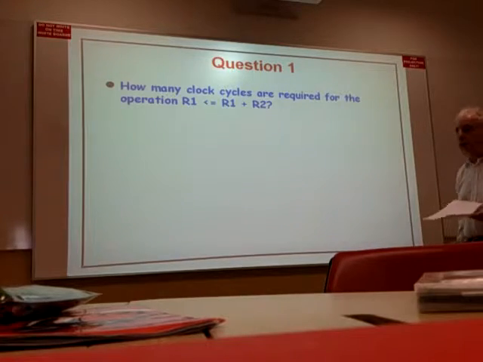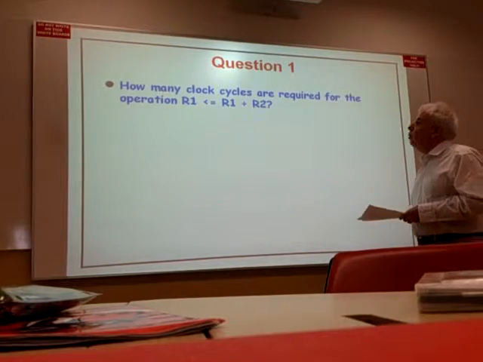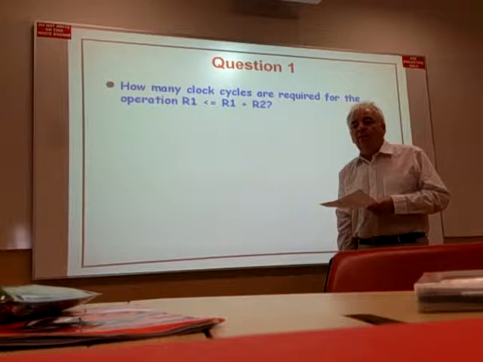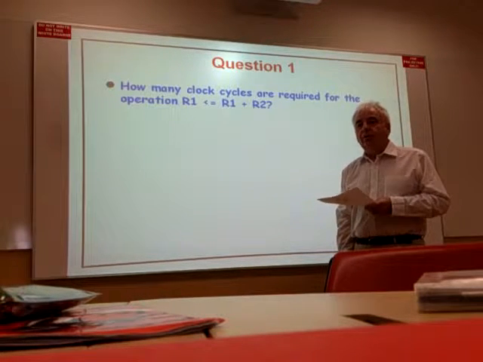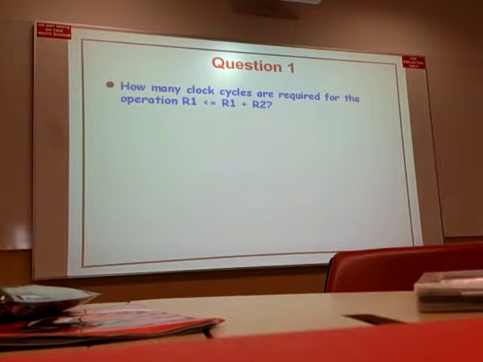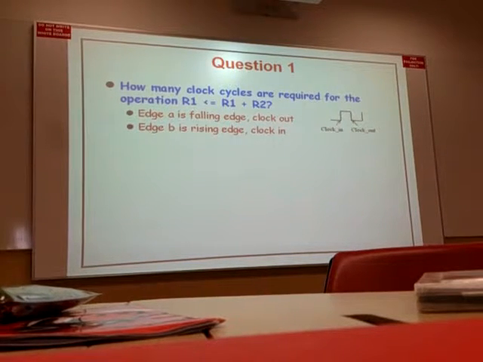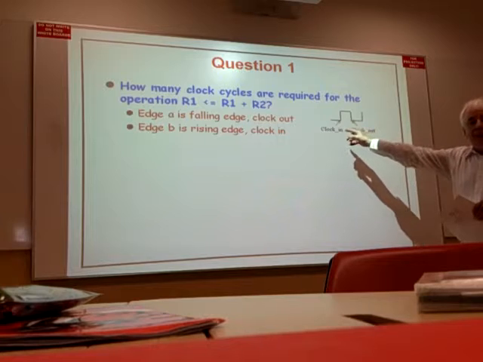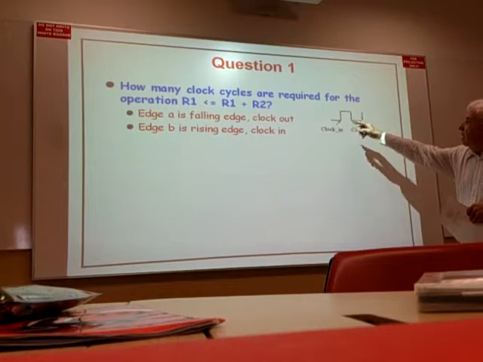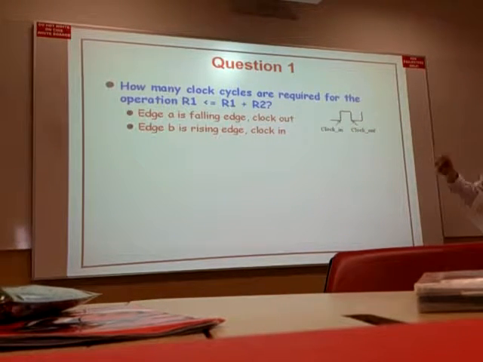1. Okay, so how do we do all of this in 1 clock cycle? Each bus fetches an operand, R1 and R2, then adds them together. We have our clock, which looks like this. So the clock has a rising edge and a falling edge.